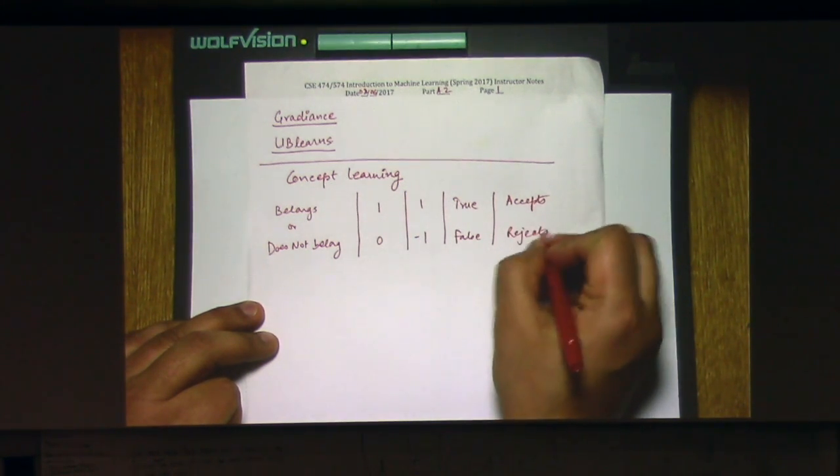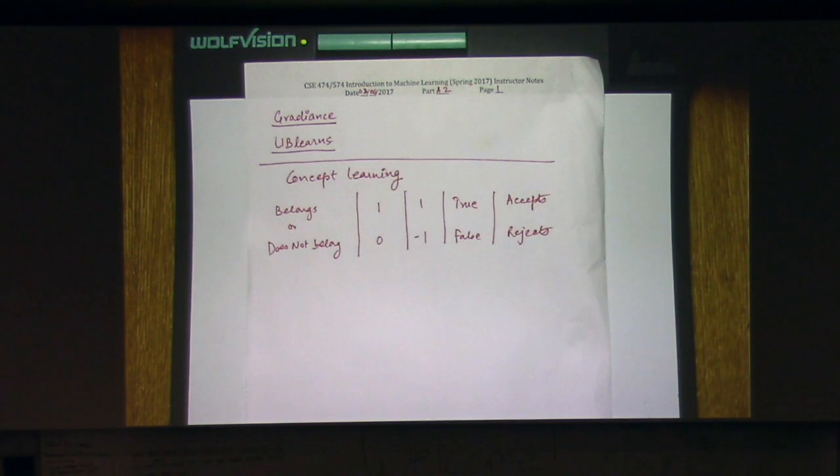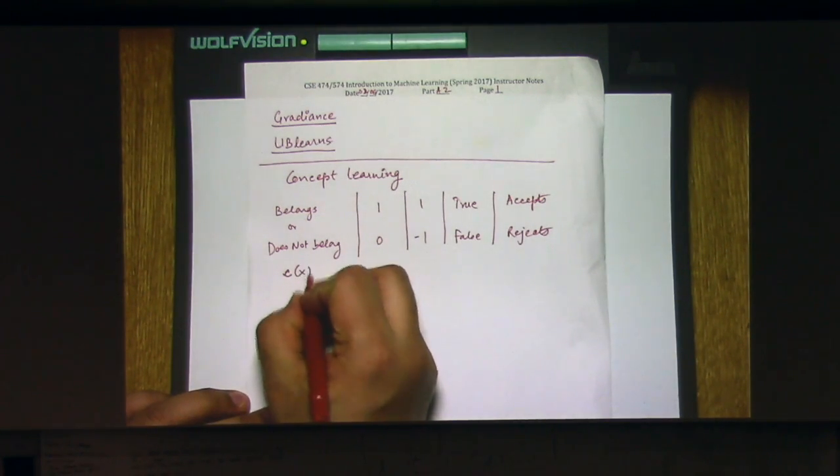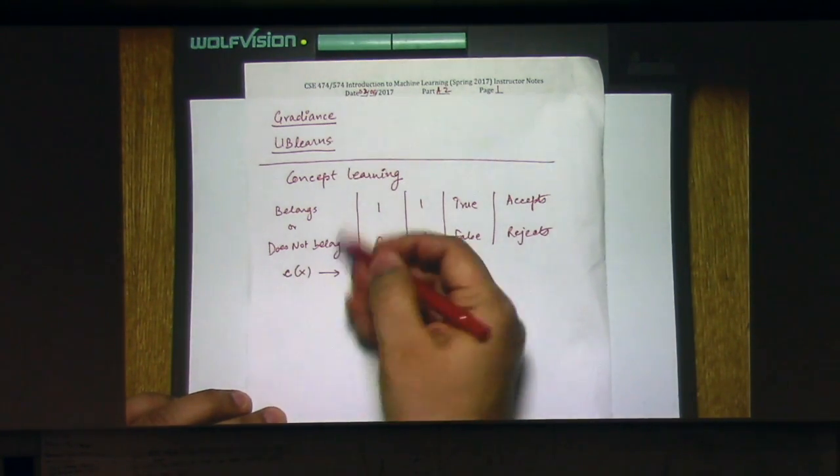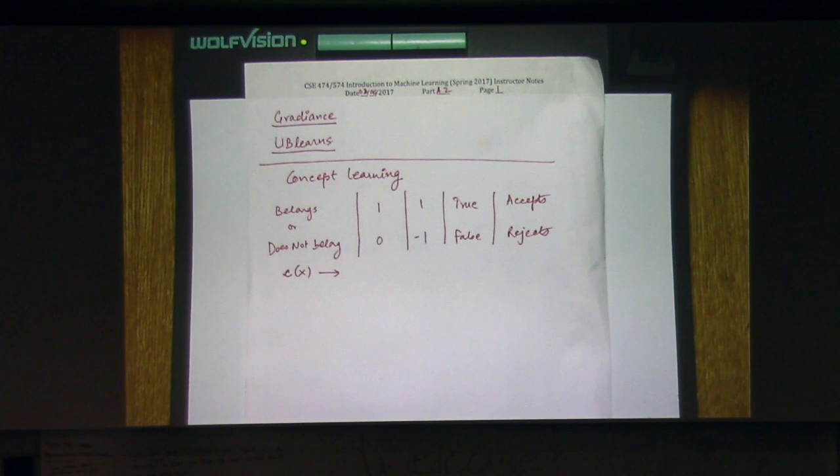So the idea is that there's a concept which is a function C, and then you give it a data object which is represented in some form X, and then it can output one of these two things, right? So if it outputs 1, we say it accepts the object as part of the concept. If it outputs 0, then we say it rejects. Yeah, so that is the idea.